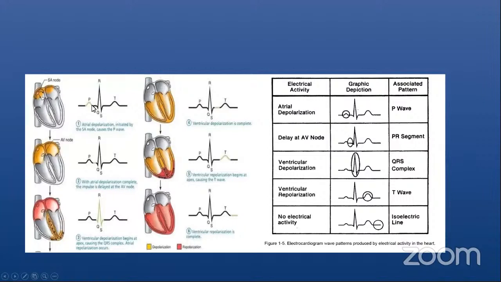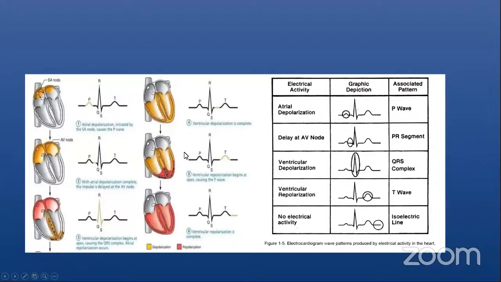And then there is a little bit of AV delay, which is due to the atrial contraction. And then the ventricular depolarization starts at the apex level when the electrical activity reaches down there. With the ventricular depolarization, the QRS complex is generated.